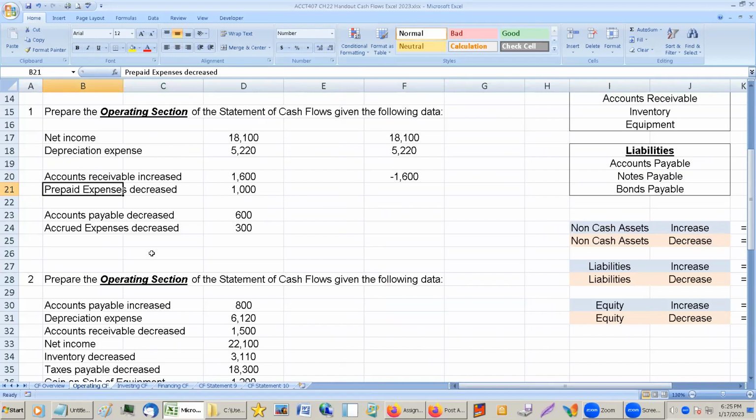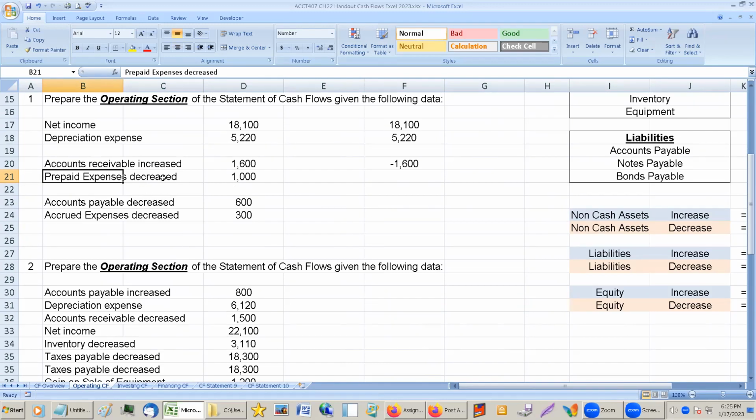Okay, prepaid expenses. Prepaids are also assets. This time it decreased. So what happened to our cash? Increases. Yep.